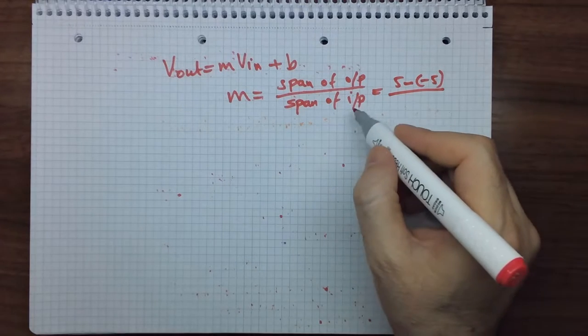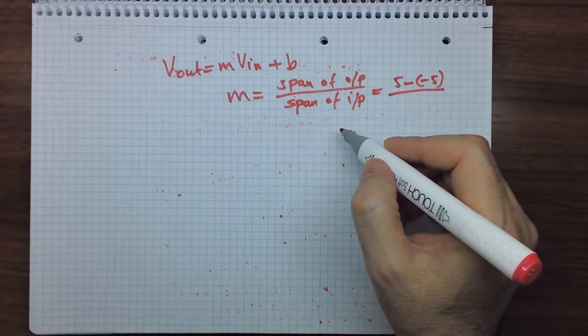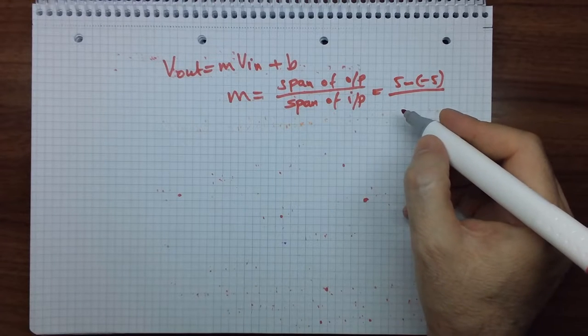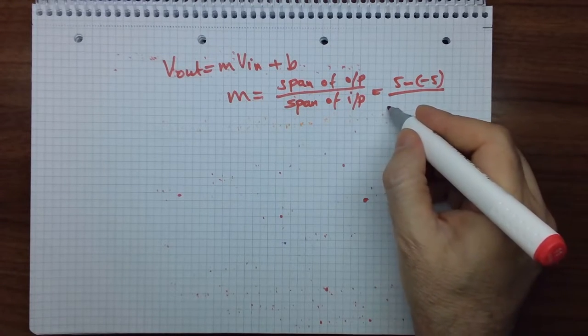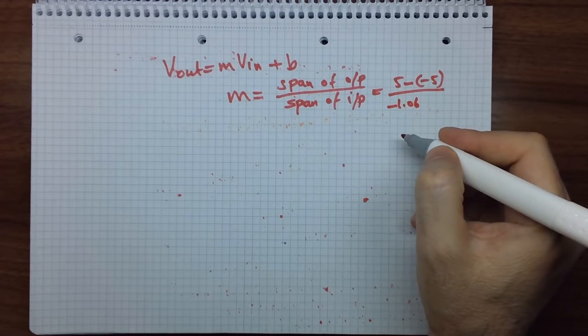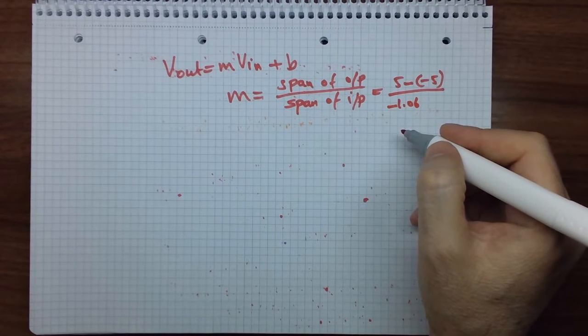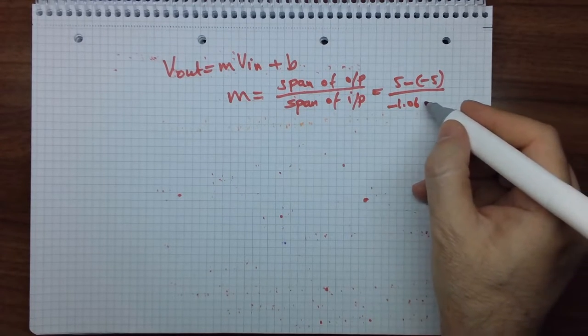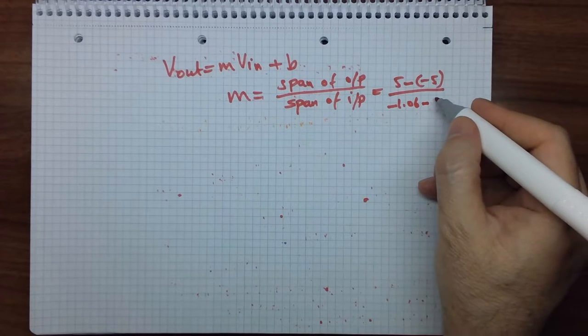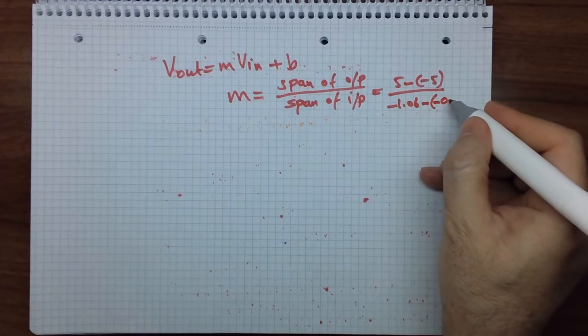Span of the input, in this case the input is the Vx, the range is from minus 0.106 volt to minus 0.28.